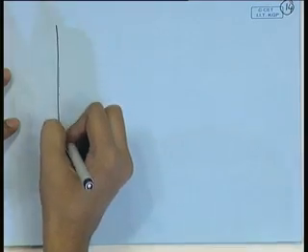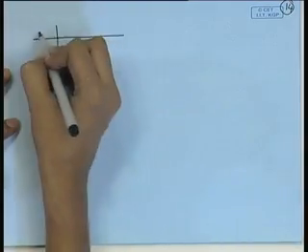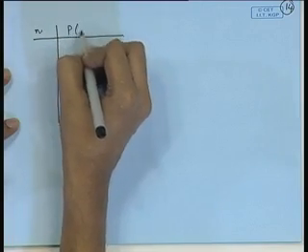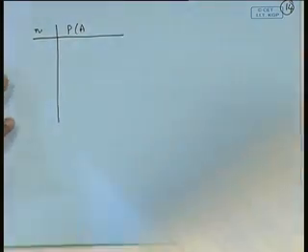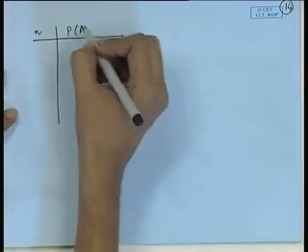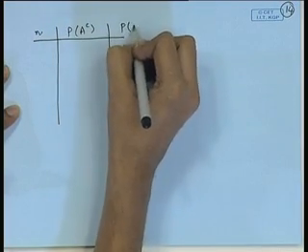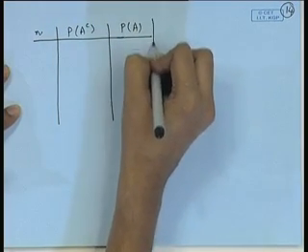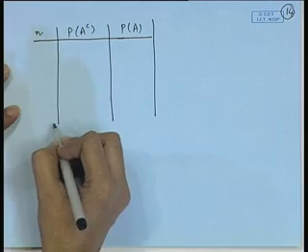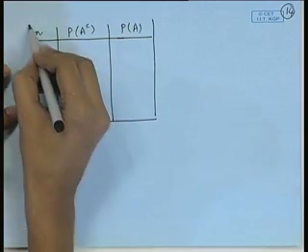So let us look at the table of probabilities. Let us consider, say, n, the probability of A complement and the probability of A. So, a simple calculation table can be prepared.